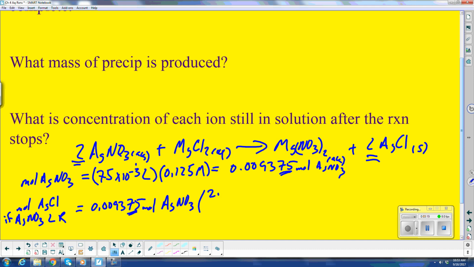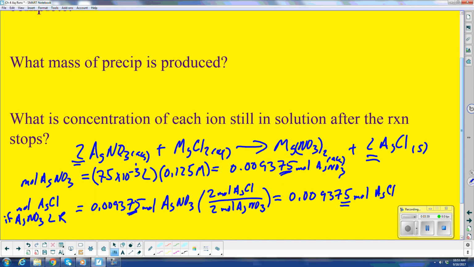So 2 moles of silver chloride per 2 moles of silver nitrate. And so I would get 0.009375 moles of silver chloride if all of my silver nitrate reacts.